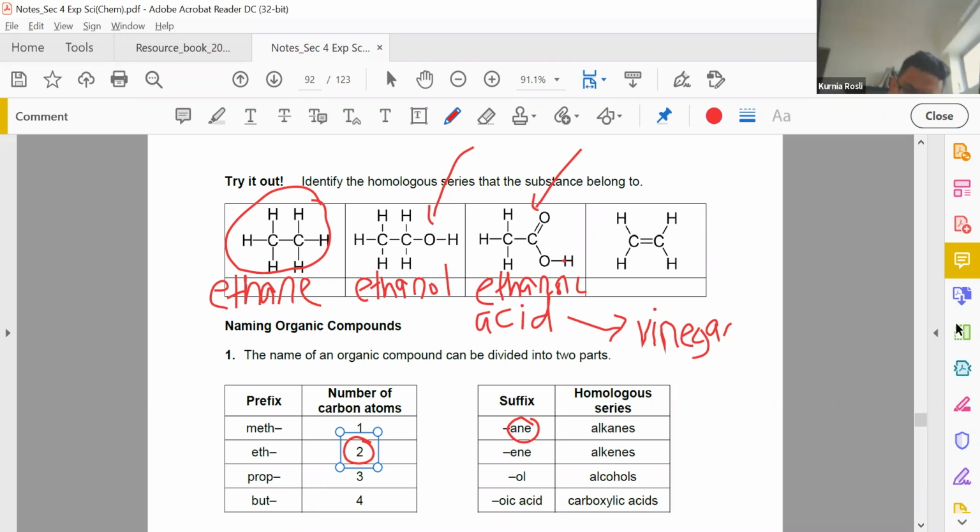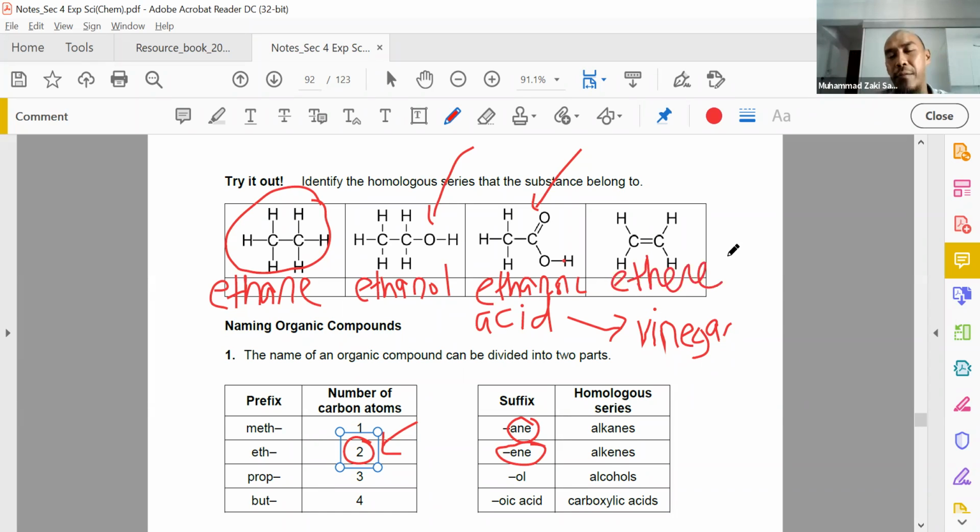This has 2 carbon atoms and it's an alkene. Ethene. Yes, ethene. Okay, good. All right, now let's try to make ethane.